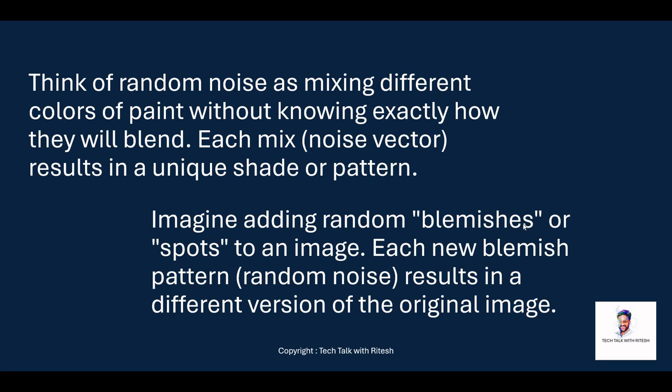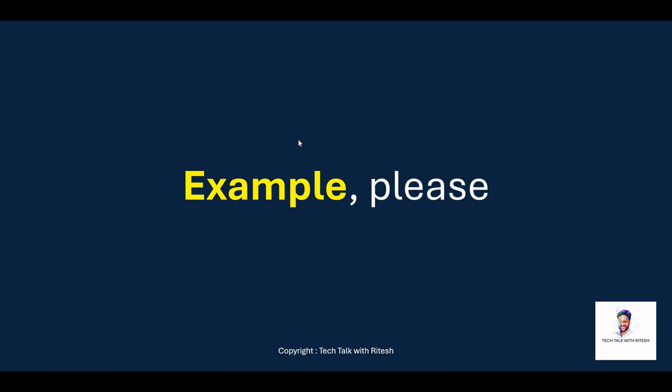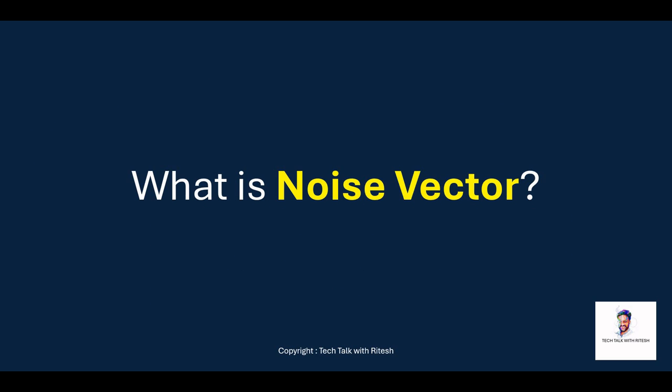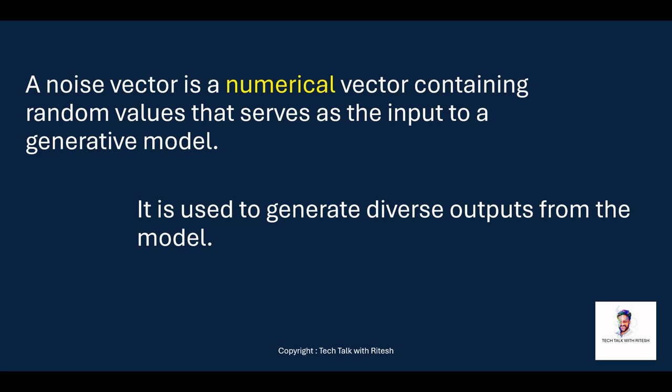Imagine adding random blemishes or spots to an image. Each new blemish pattern results in a different version of the original image. You see this? These are just examples of random noise, right?